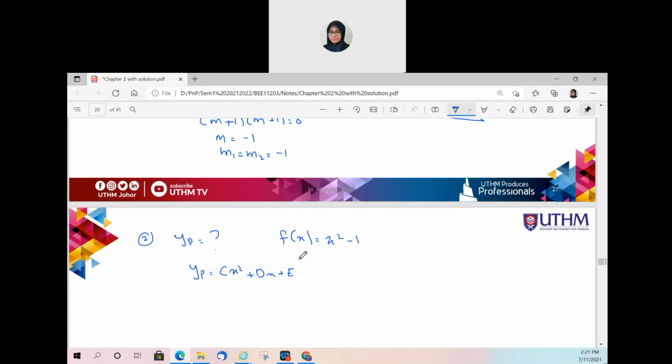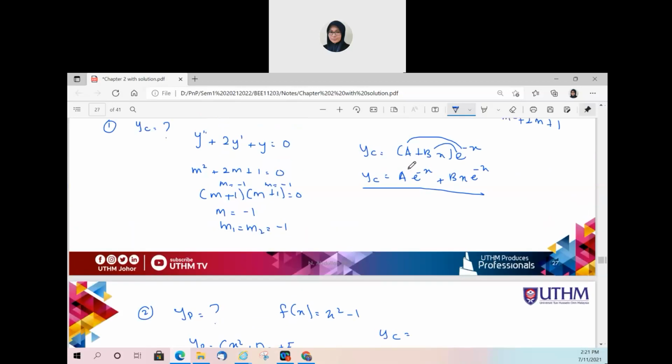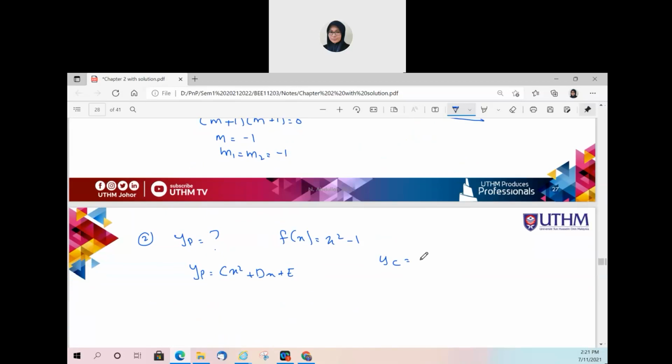Okay, so now you have to compare yp with yc. So our yc is this one, Ae minus x plus Bxe minus x. So compare yp and yc. Do they have any similar pattern here?